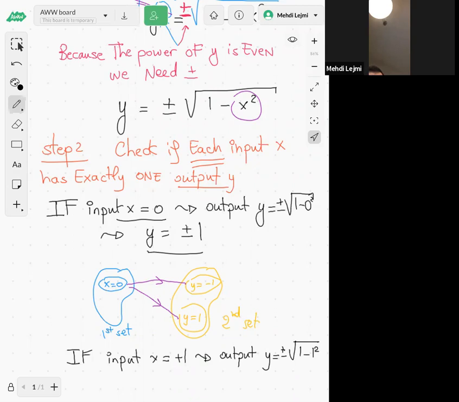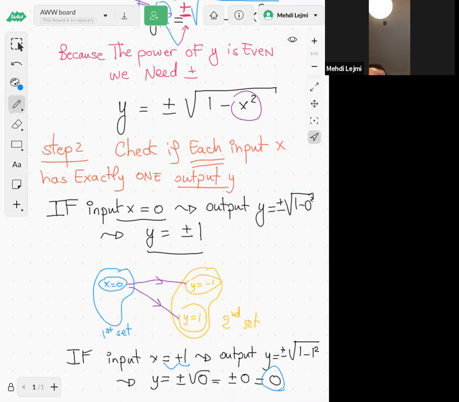So Y would be plus or minus the square root of 0. The square root of 0 is 0, and plus or minus 0 is just 0, right? So if you take X equal to positive 1, you get exactly one output.